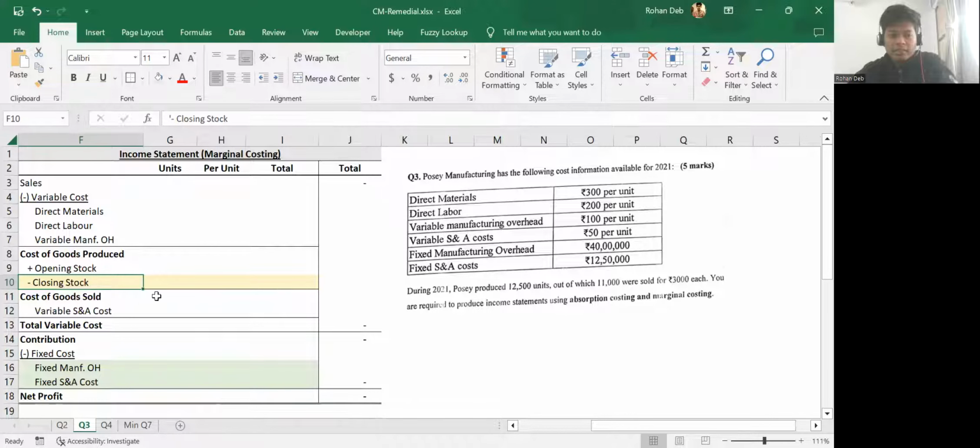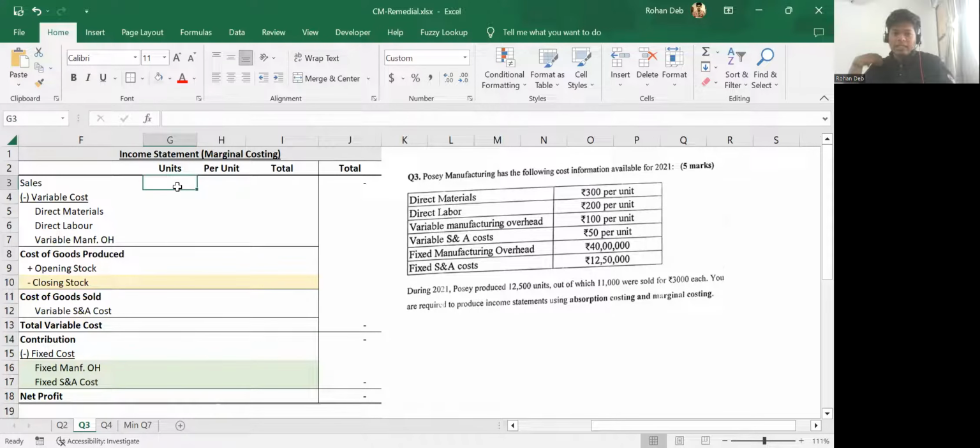So this will leave me at 11,000 units sold. For that, I will use the variable cost, selling variable cost only on those 11,000. This will give me a total variable cost. When I subtract the variable cost from the sales, it will give me the contribution, and then I'll subtract the fixed cost.